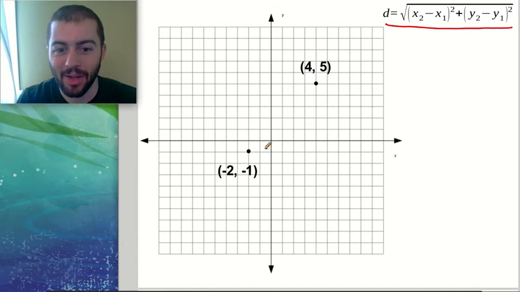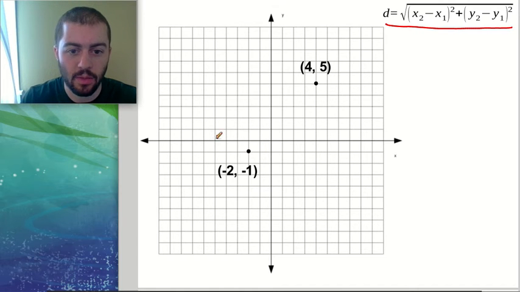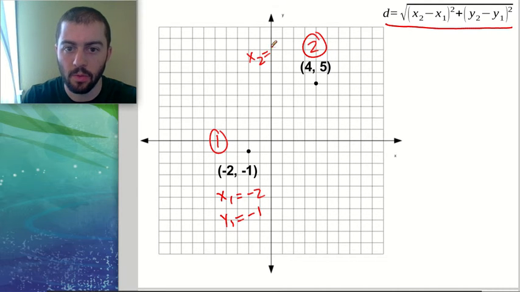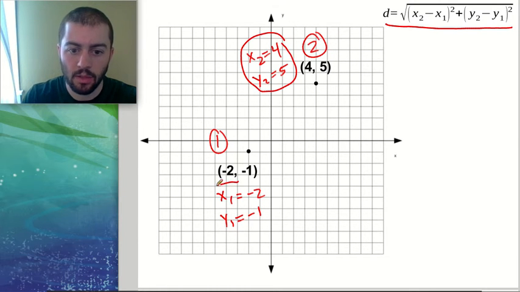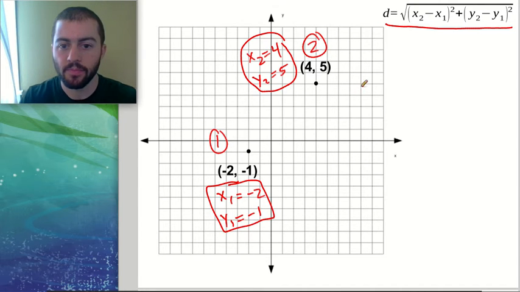All right, so if we go ahead and label one of these point 1 and one of them point 2, then we know our x1 will be negative 2 and our y1 will be negative 1, and our x2 will be 4 and our y2 will be 5. All right, so we have all the numbers that we need to plug into the distance formula here.